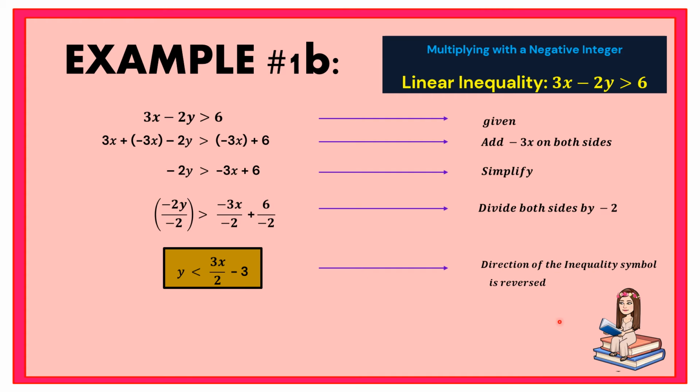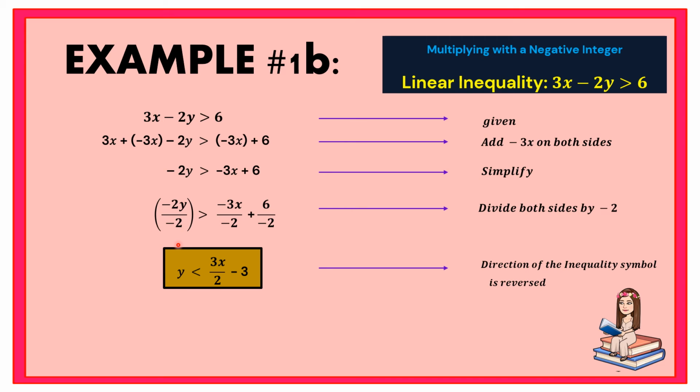Ito ang nakalagay ngayon. Direction of the inequality symbol is reversed. Pansinin, yung greater than naging less than. Bakit? Kasi po, nang tayo ay nag-simplify dito, nag-divide tayo ng negative.